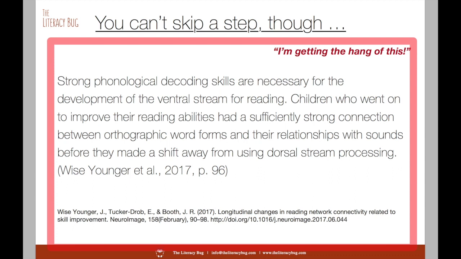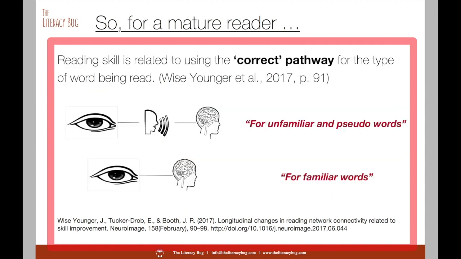And in fact, there's also research that points that adults who continue to rely upon the dorsal stream processing are much less effective and are often struggling readers who struggle with comprehension and processing large amounts of text.